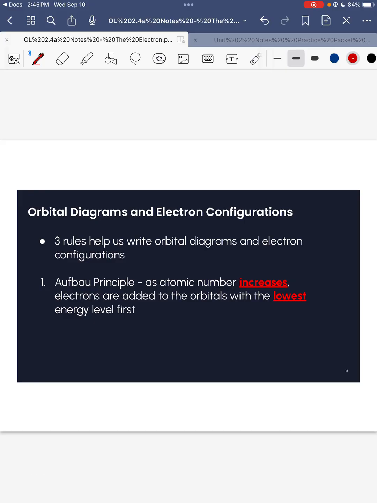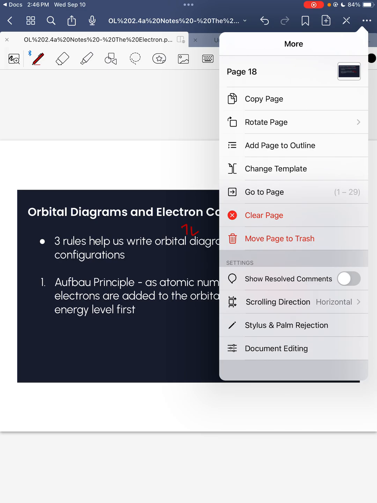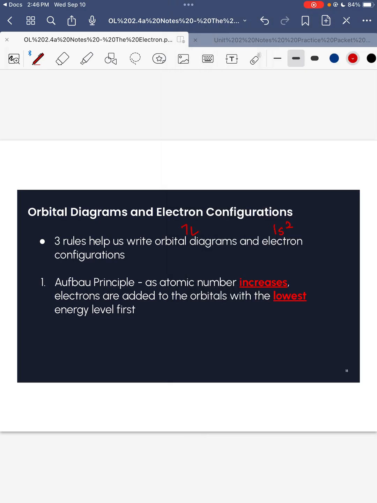With these, we can use them to write orbital diagrams, which are pictures, and electron configurations, which are words or numerical representations. But we have to follow 3 rules. The Aufbau principle states that as atomic number increases, electrons are added to the orbitals with the lowest energy level first.